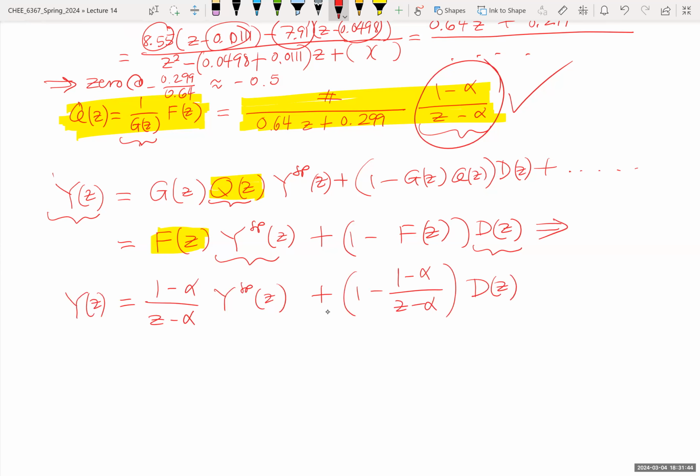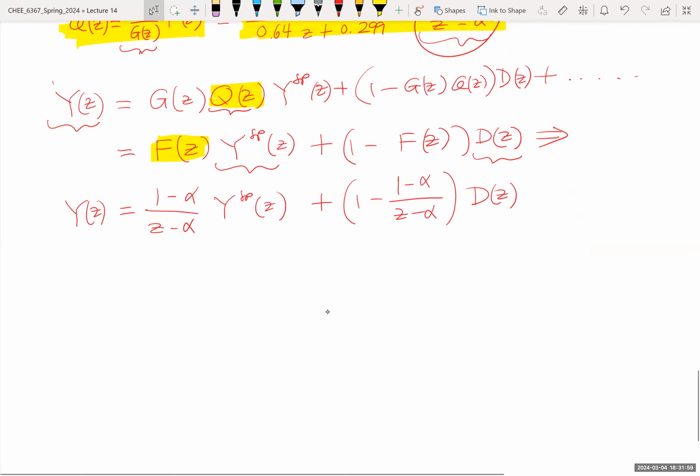I can do everything in the Z domain, but let's go back to the time domain to deal with differences in the time domain, because frankly, it's going to be very unwieldy to just do everything in the Z domain. Too much algebra, too cumbersome. How would I go to the difference equation that explains to me now how the closed loop behaves? Multiply by the denominators, as we have done it several times.